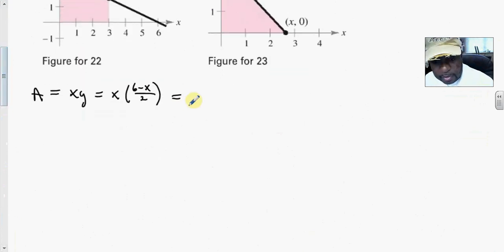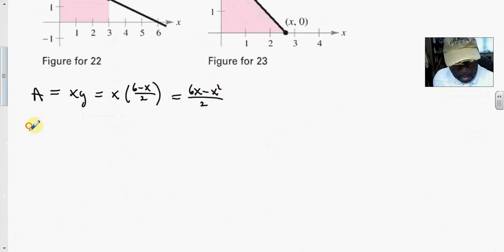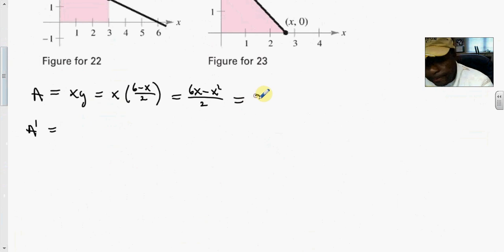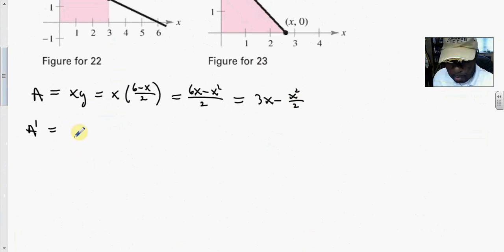So let's simplify this. This is 6x minus x squared over 2. We find A prime, and if you want to, you can write this as 3x minus x squared over 2. So then our derivative is 3 minus x. That's pretty nice. So we set that equal to 0.